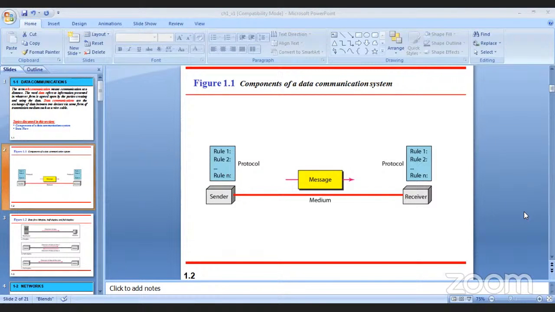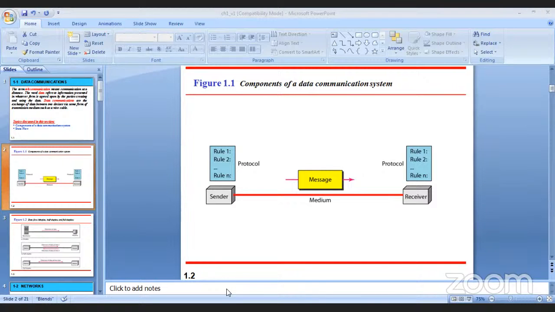Then the message or data: what should be sent? What is the actual data to be sent? That message or data has to be properly defined. So the first component is the sender, who will send the data.